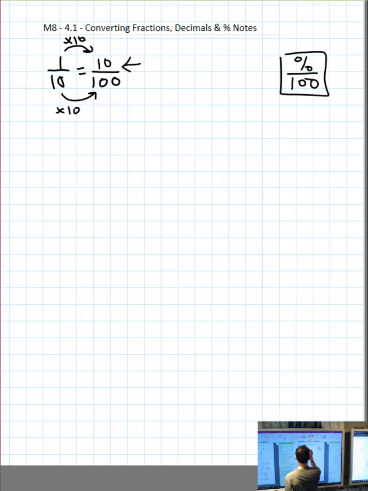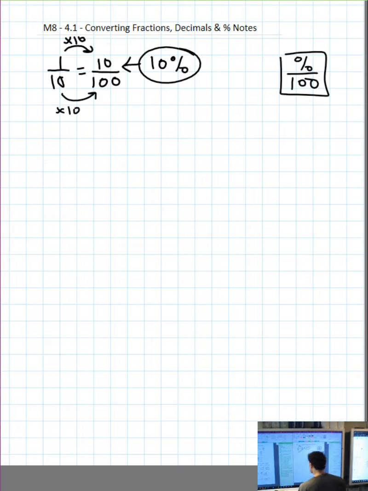And now I know I have my number over 100, so I know it's 10%. Now again, we could have done long division to turn the fraction into a decimal and then use one of our methods like multiplying by 100 or dividing by 100 depending, or moving the decimal in different directions. So I'll let you do that on your own.